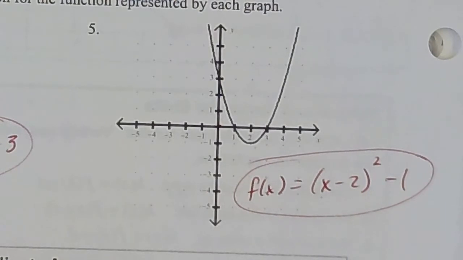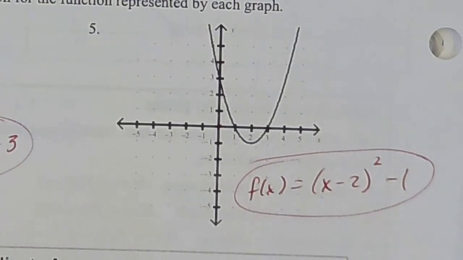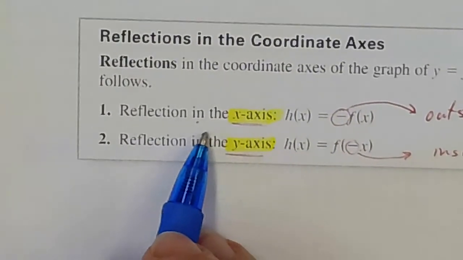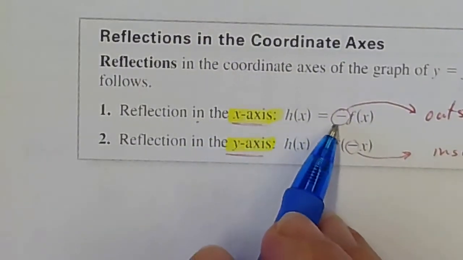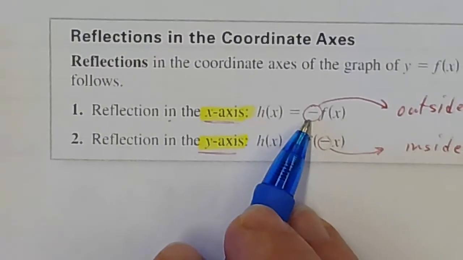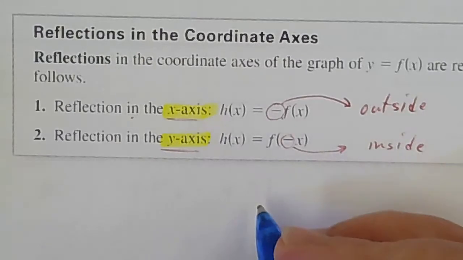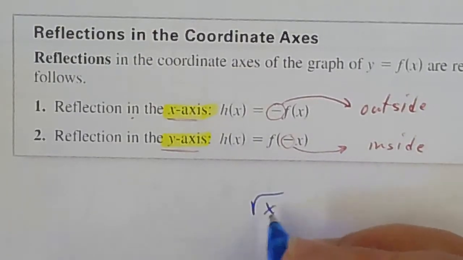All right, the second learning target today involved reflections over the x-axis and the y-axis. Here are the things we have to pay attention to for the difference. It's a reflection over the x-axis if we see a negative outside the function. For example, the square root function, square root of x.